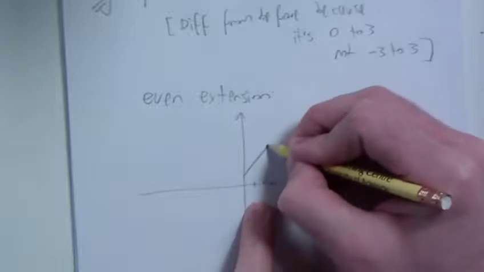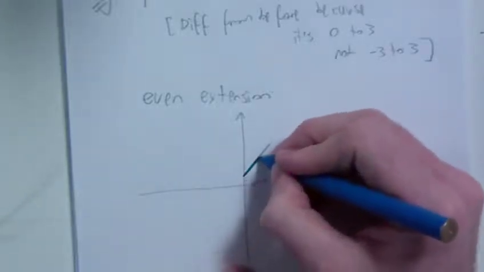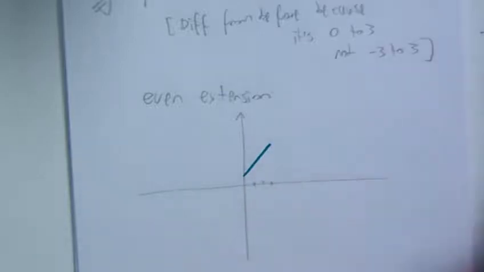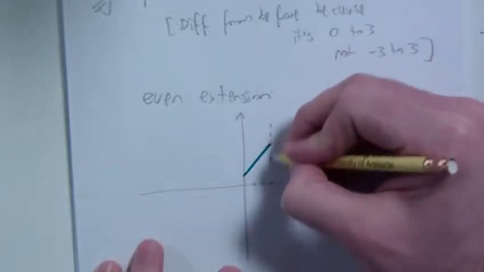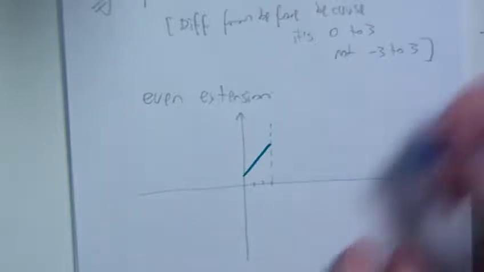this is what it looked like originally, which I might put in blue so that you can see it better. That's the original function. And first I make it even, and then I make it periodic. So the first step, this is my key: blue is original.